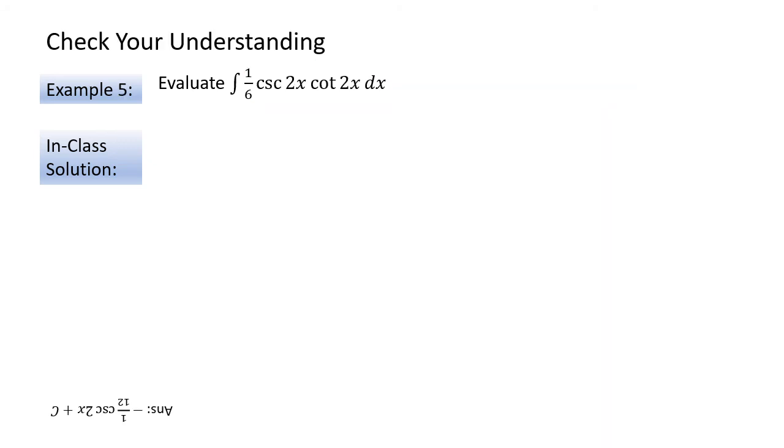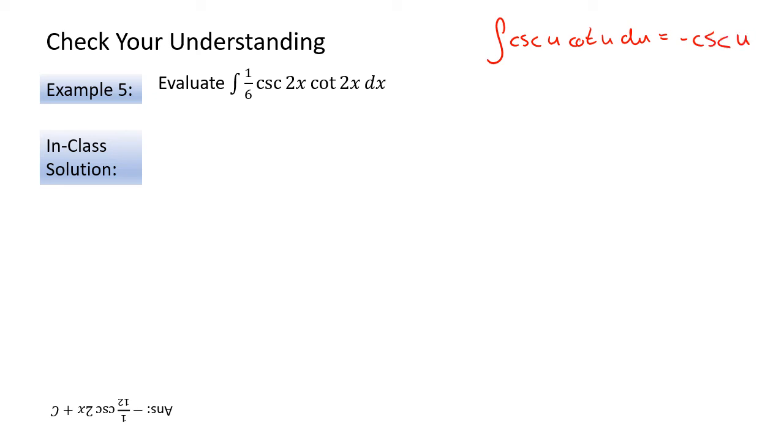Example number 2, okay, we have evaluate the integral of 1 over 6 cosecant of 2x cotangent of 2x dx. Again, different in how we approach the function u. Okay, so we know from that table that the integral of cosecant of a function u times cotangent of a function u is equal to just negative cosecant of that function u.